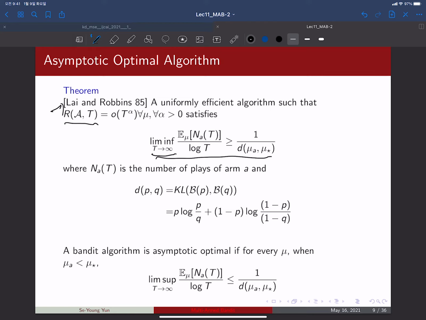Here the divergence is the KL divergence between two Bernoulli distributions with parameter mu_A and parameter mu star. And for the Bernoulli distribution, the KL divergence is simply like this.